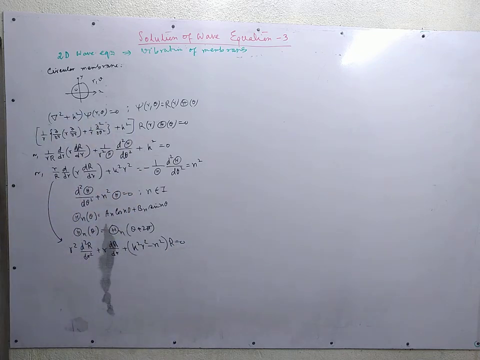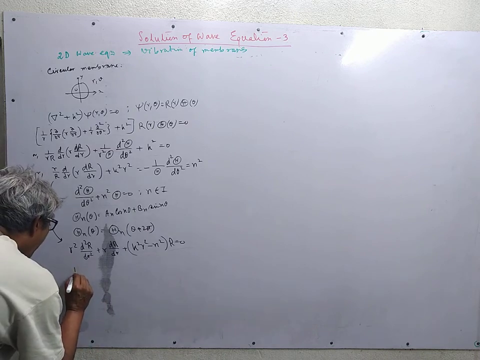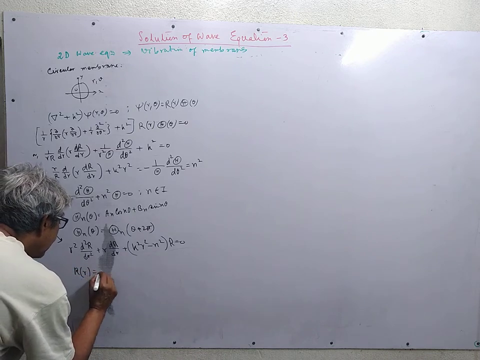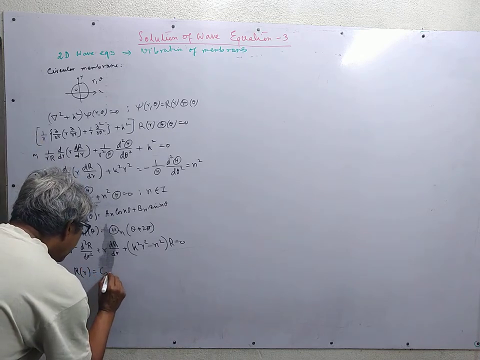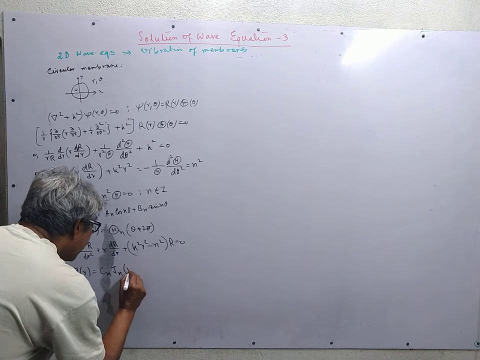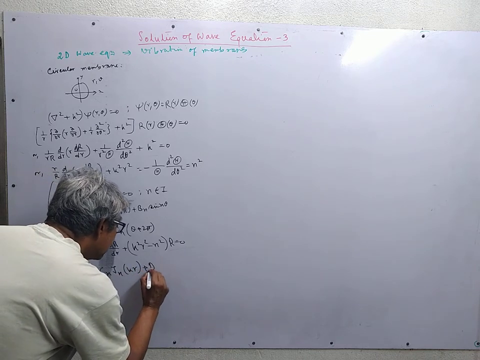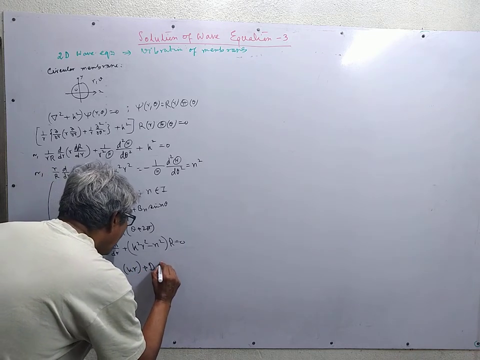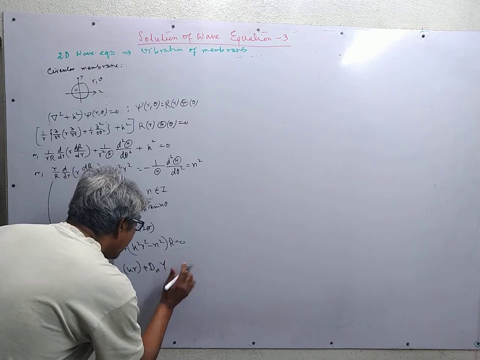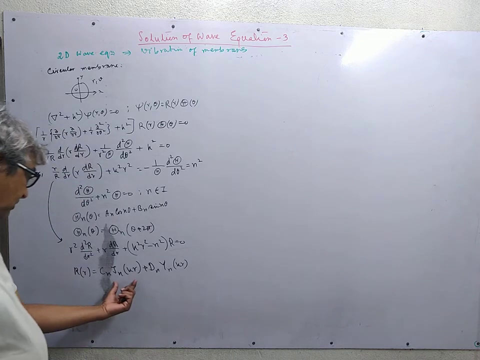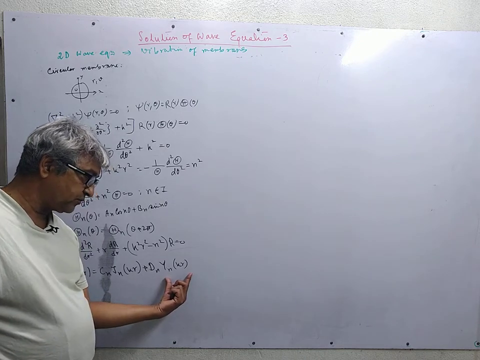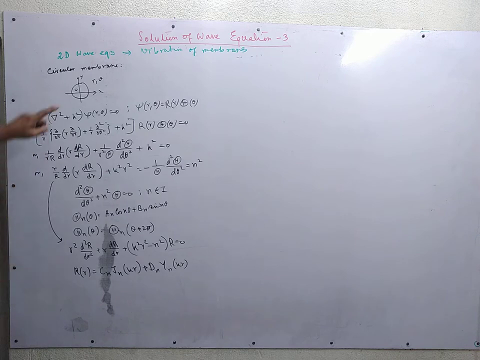This is the Bessel differential equation, and the solution is R(r) = C_n J_n(kr) + D_n Y_n(kr), where J_n is the Bessel function of first kind and Y_n is the Bessel function of second kind. The membrane extends from r = 0 to infinity.